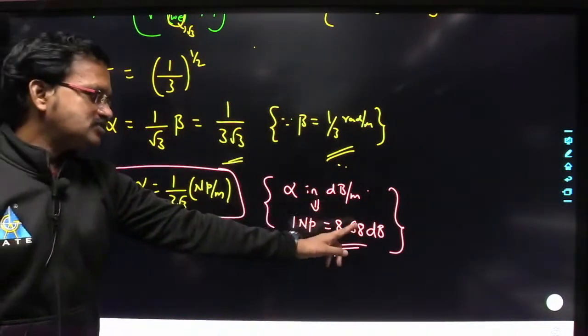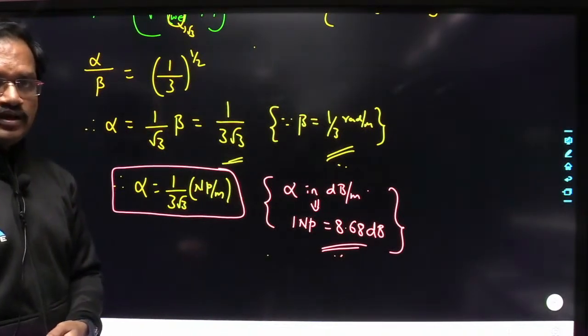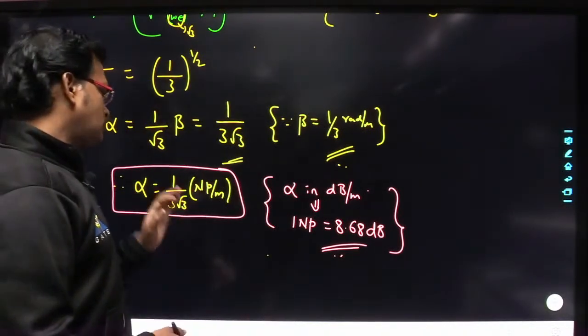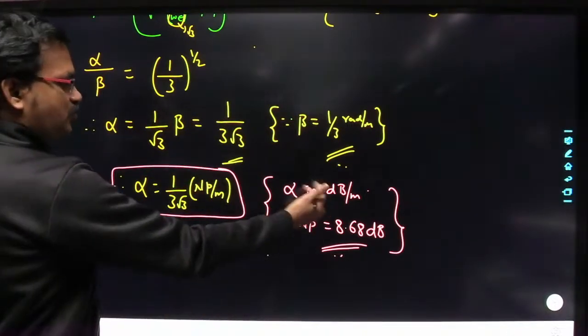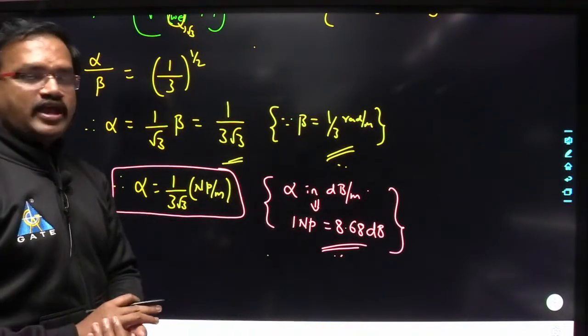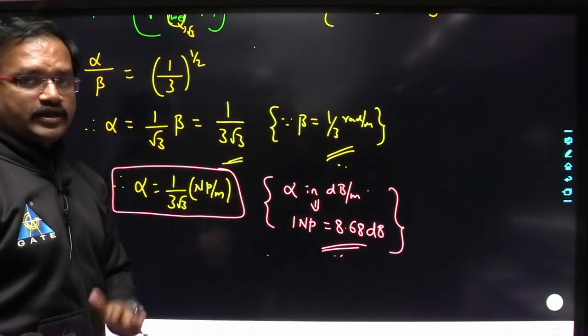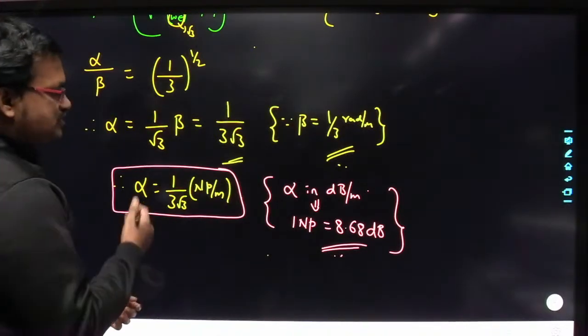So 1 dB is equal to 1 divided by 8.68 Neper. Right? So by replacing 1 Neper with 8.68 dB, you are going to get the value in terms of dB per meter. Okay. So this is alpha value.